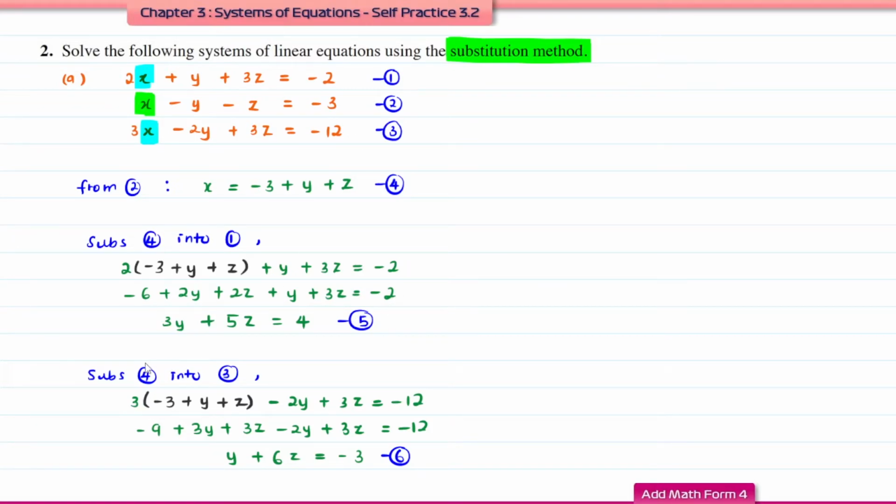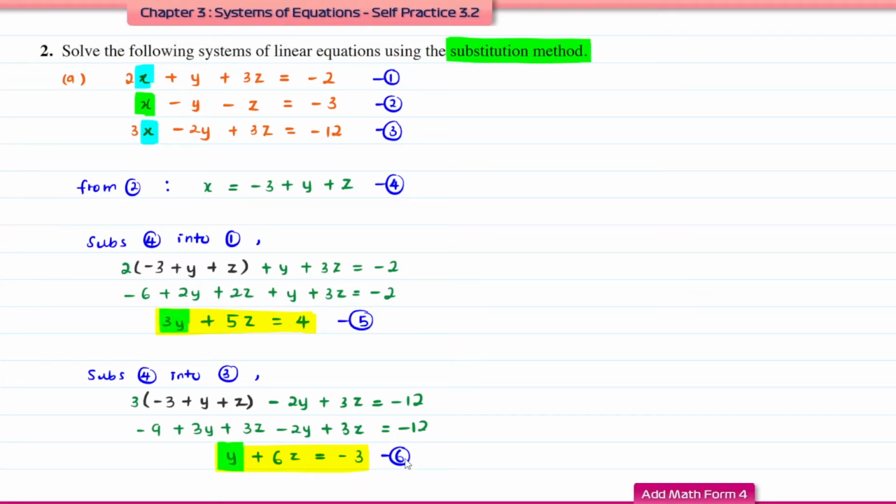So now let us focus on equations 5 and 6. Alright, so here you only have two variables. So next we can solve it just using simultaneous linear equations. So here I'm going to equalize the y.